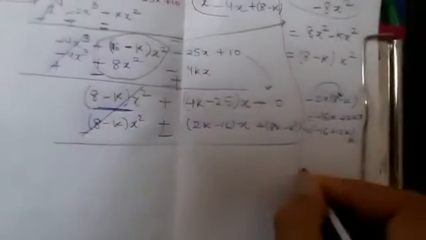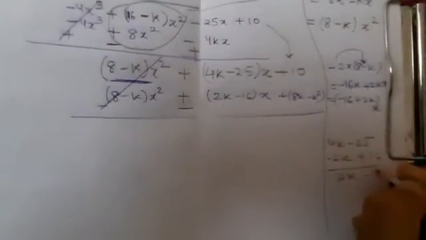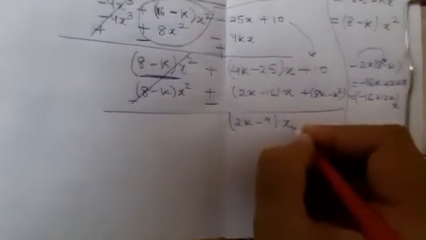Solving this part. See beta, it is 4k minus 25 minus 2k, and when you open the bracket, minus minus will become plus 16. So it is 2k minus 9. So we shall get 2k minus 9 multiplied by x.